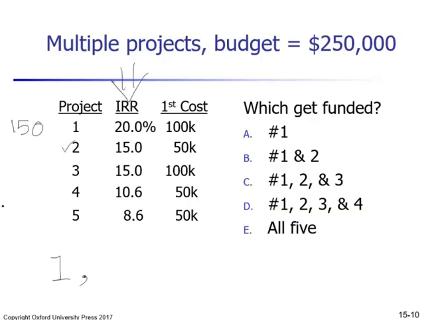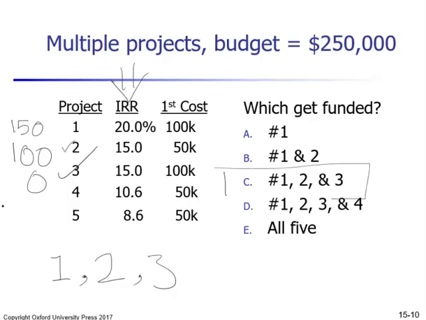And we go for 2, and when we go for 2, we have now 100 available, and here we have 100K, and after that we are 0. So the answer would be 1, 2, 3.